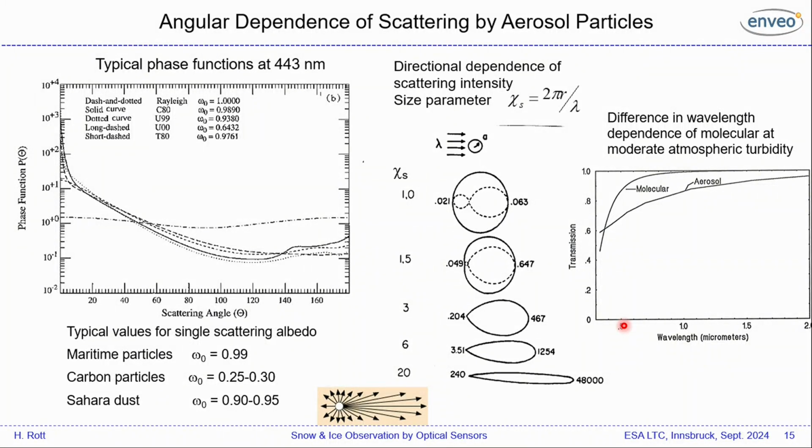If you go to higher altitude, it's also better. So still in the cryosphere, still a little bit off compared to other applications. But the point is we have quite different angular dependence.